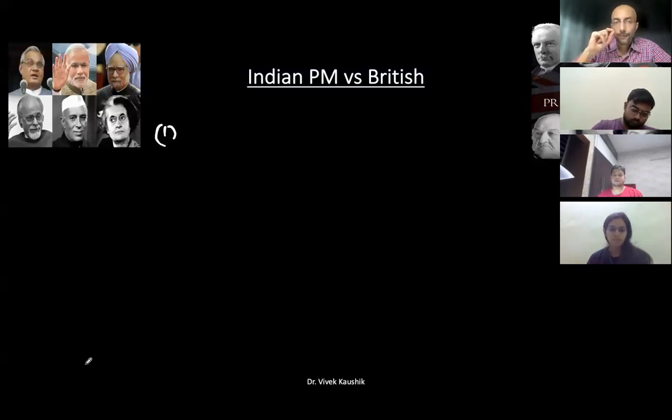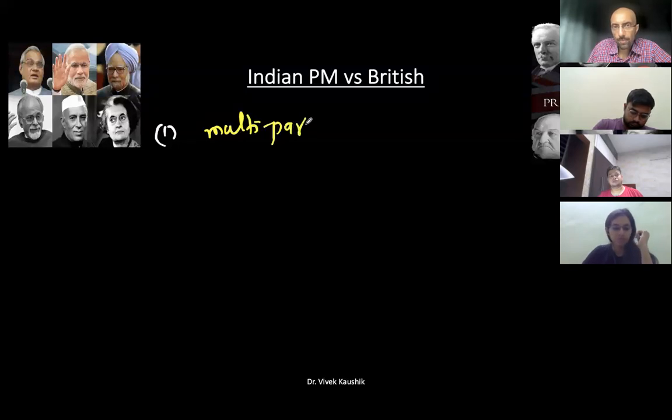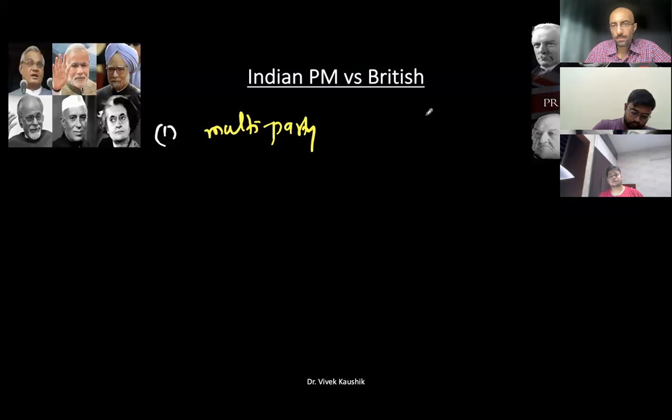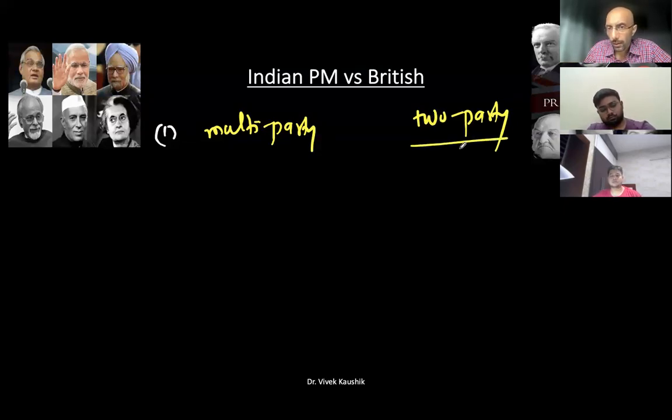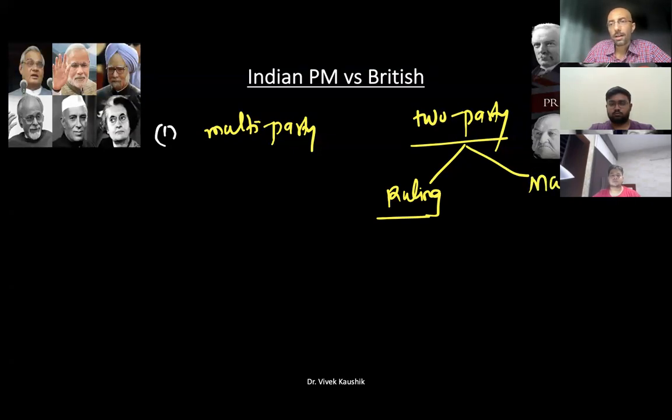The first reason why the Indian PM is more powerful is that the Indian political system is a multi-party democracy. We all know this. Whereas the British system is a two-party system. And because of this, one of the parties for the time being is the ruling party and the other party becomes the main opposition party.